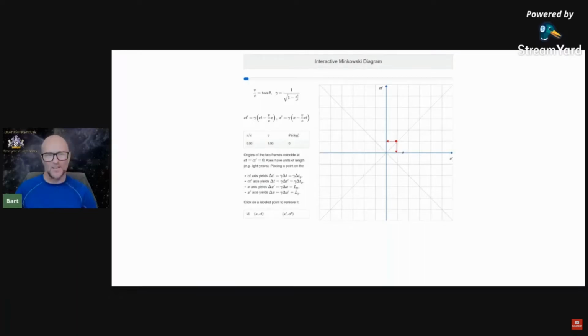Furthermore, this particular interactive Minkowski diagram only allows the warping of space-time from the orthogonal square version that we can see right now to a different version, and it can only slant one direction.